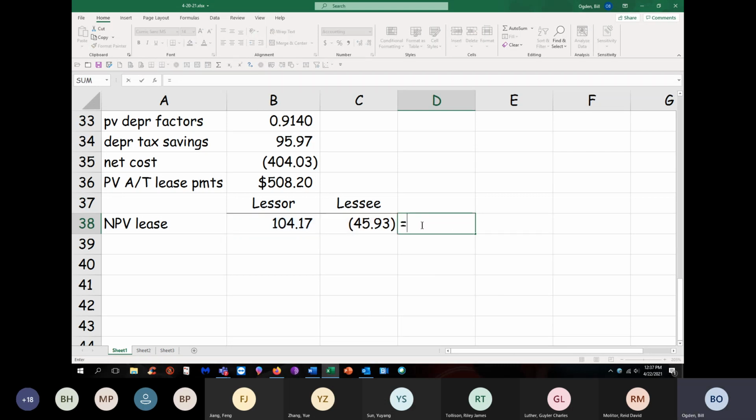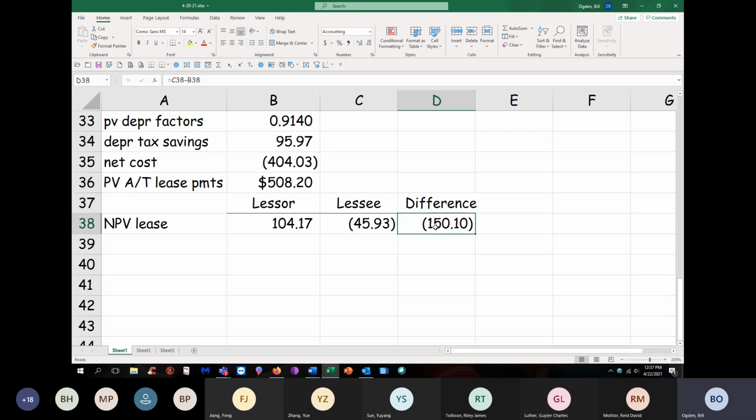Either way would not matter a bit. Let's do it this way. If these two NPVs are the same, then this difference, and let's label this as difference, would have to be 0, wouldn't it?